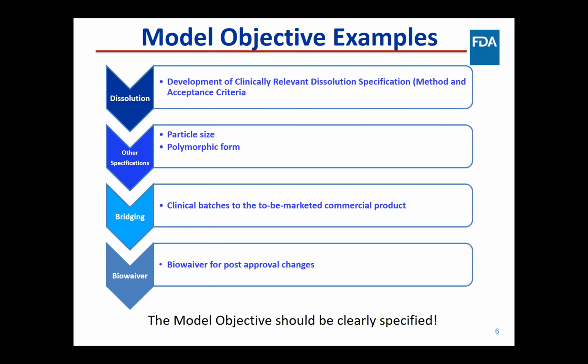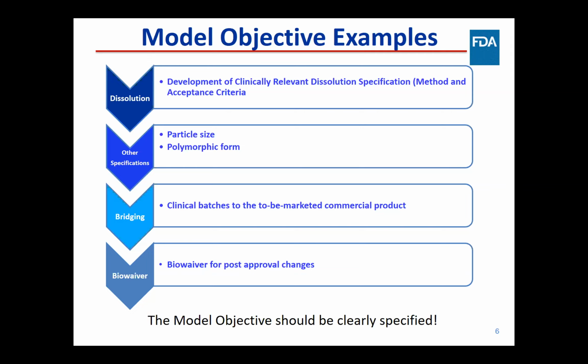And secondly, other clinically relevant drug product specifications, for example, setting the particle size spec for a solid dosage form, can be established based on modeling predictions, to ensure that batches with the specification limits set based on the modeling are bioequivalent to the clinical batch.